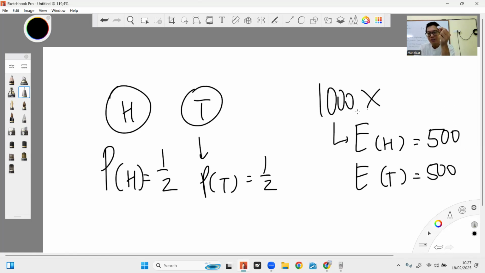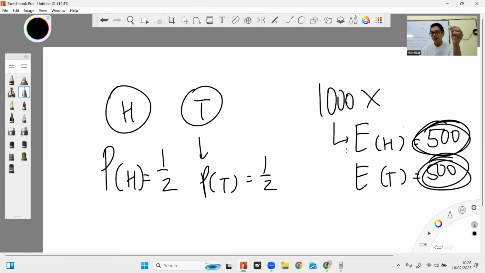But in real life, can we have 500 sharp if you toss the coin 1,000 times? No, it can be more or less, depending. But the number will be getting nearer. Of course, it cannot be 1 and 999 unless the coin is weighted on one side.